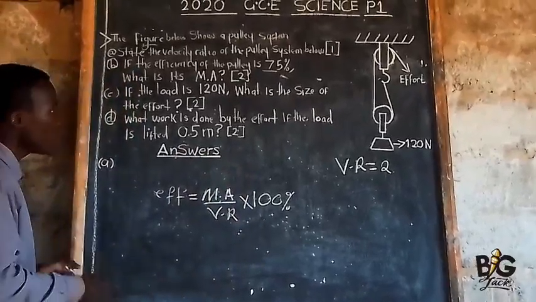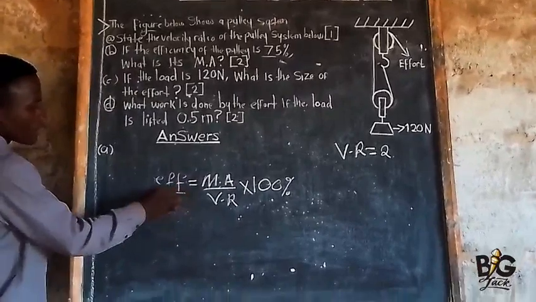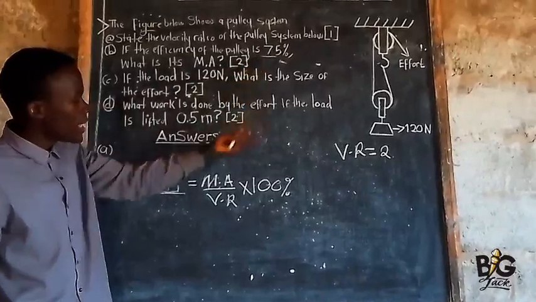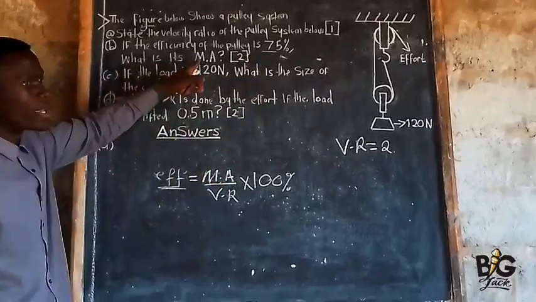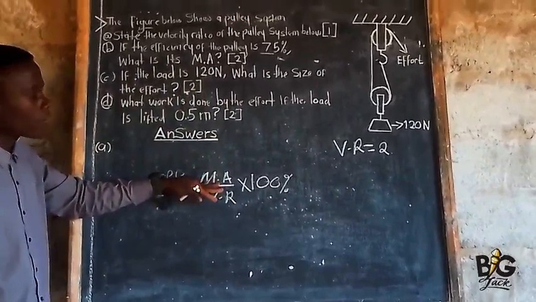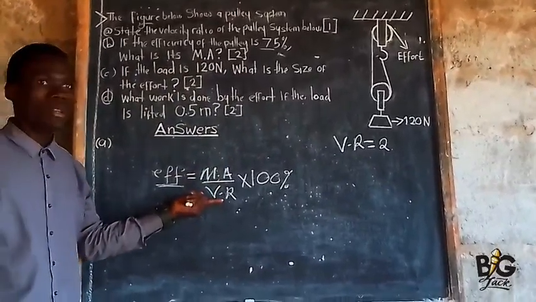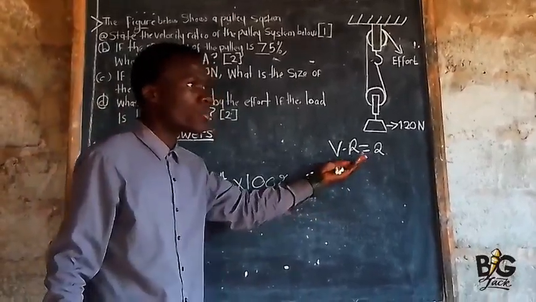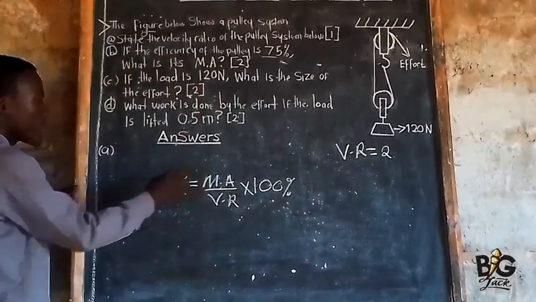Now, where we are having efficiency here, we are going to put 75%. Then here, they are asking us to calculate the mechanical advantage, which we don't have. Then, when it comes to the velocity ratio, we have already calculated the velocity ratio, which is 2. So we can just easily find the mechanical advantage.